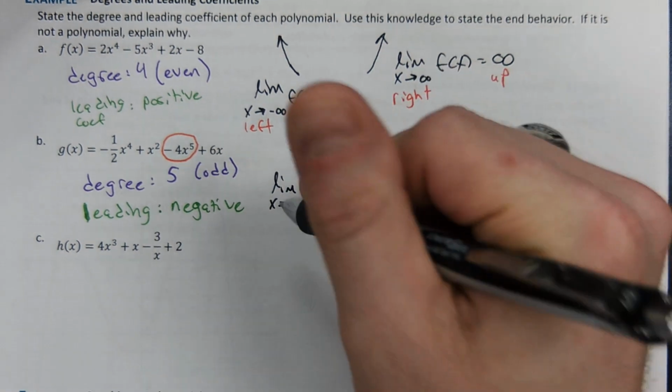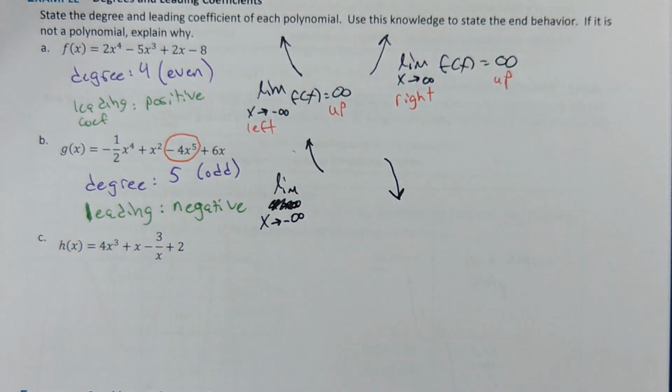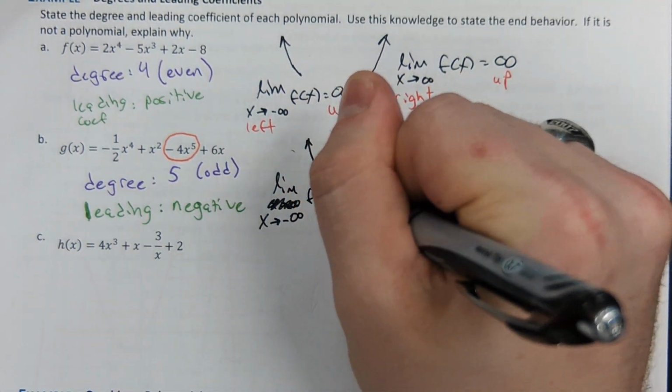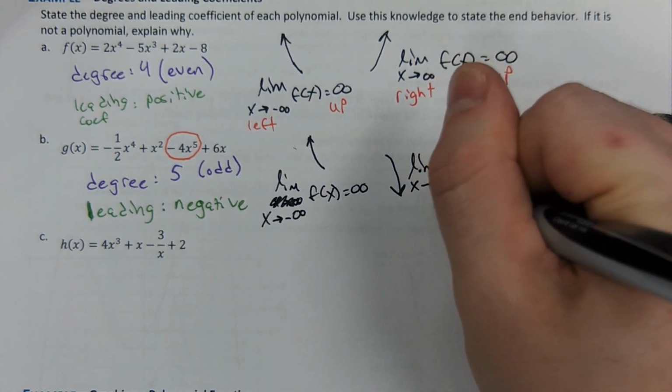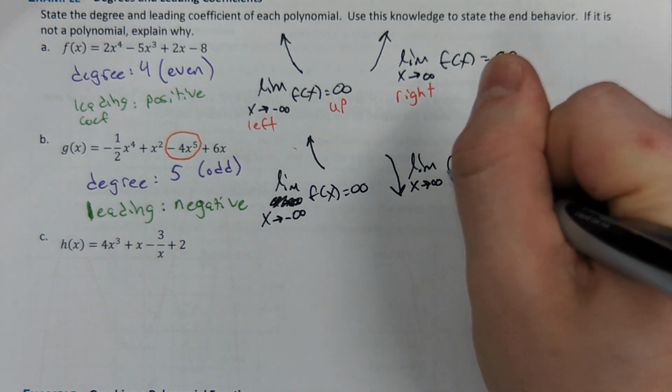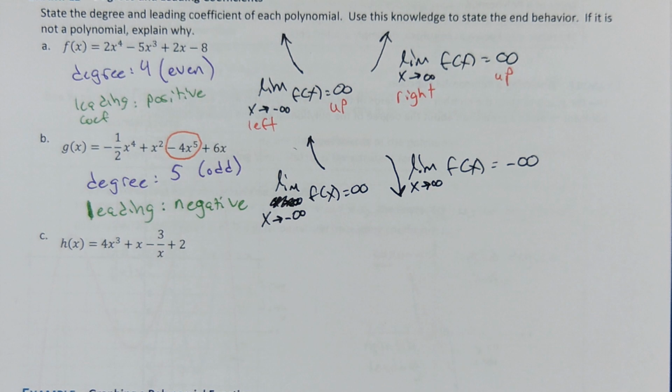So as I head to the left, going up, and as I head to the right, going down. There it is. I got left up, right down.